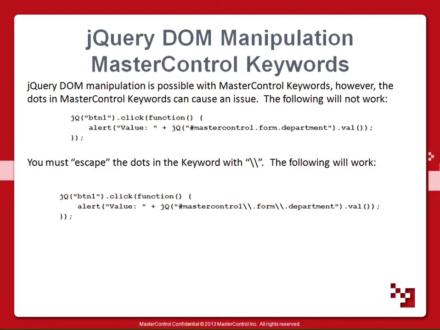So instead, you have to escape the dots, and you precede those with two backslashes. That says to jQuery, hey, this isn't a dot click, this is a string of text. And there's my keyword. Okay? So these are little quirks we run into with master control.